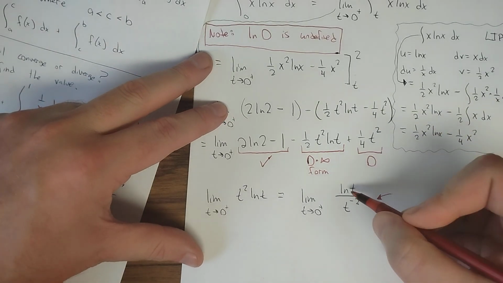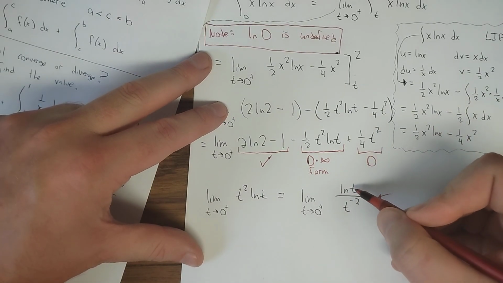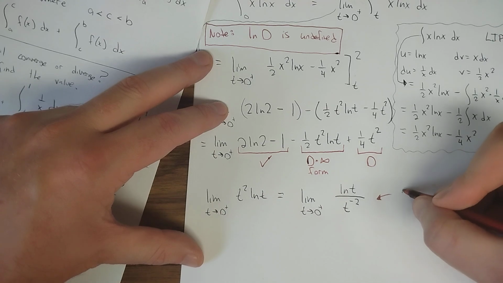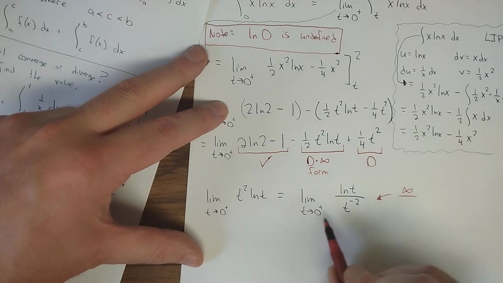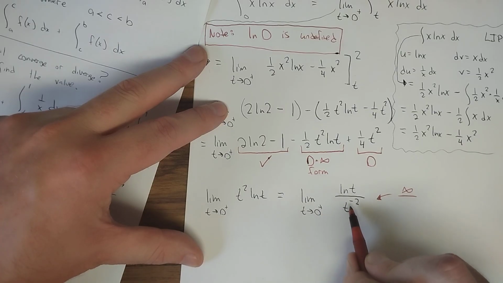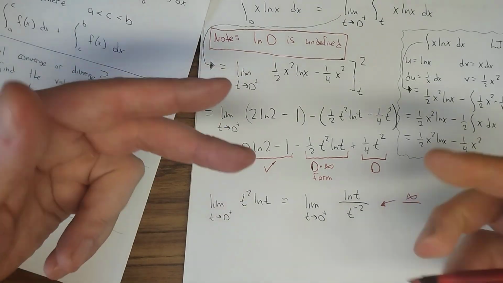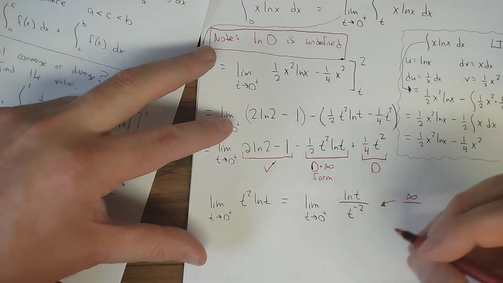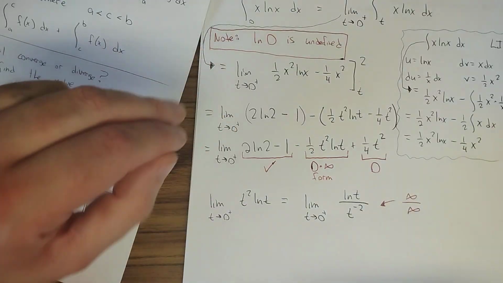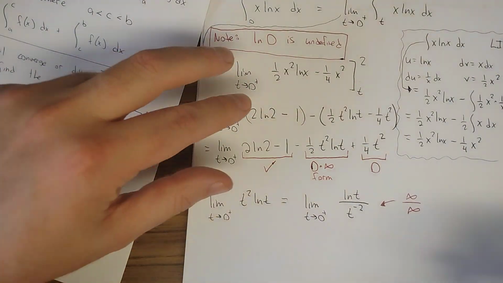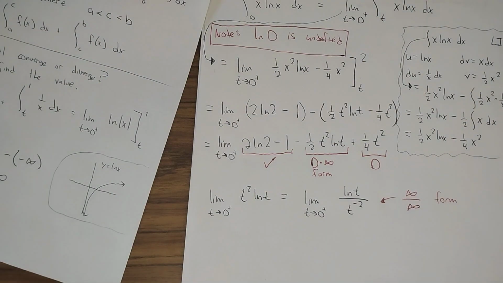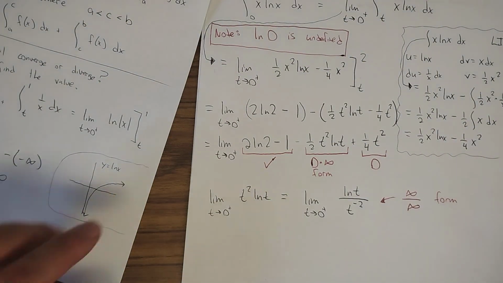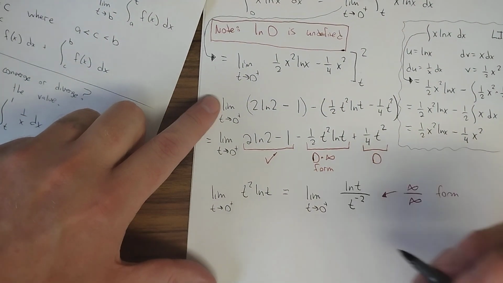Well, as we discussed, natural log of 0 from the right is going to infinity. As t goes to 0, this is like 0 to the minus 2, another like 1 over 0 squared, which is also like infinity. So this is an infinity over infinity form, so we are justified using L'Hopital's rule.